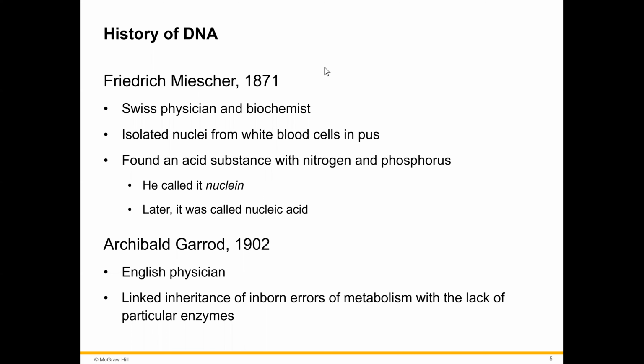Let's say we have a baby that is born with a metabolic problem. For example, they cannot digest lactose. You've heard about people who are lactose intolerant, right? They cannot digest lactose.